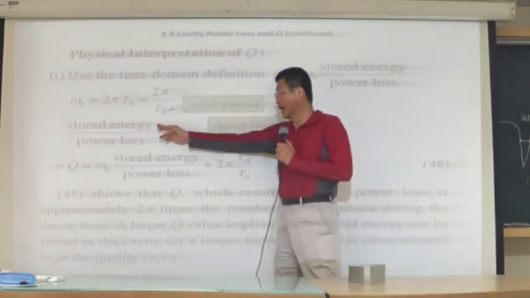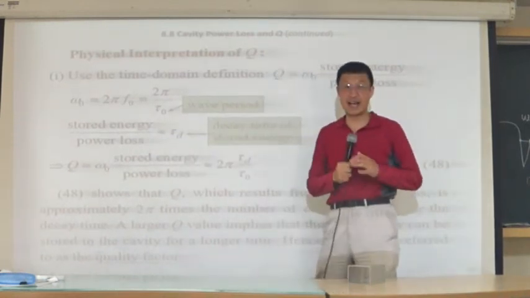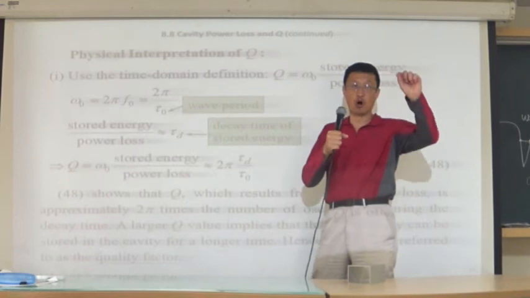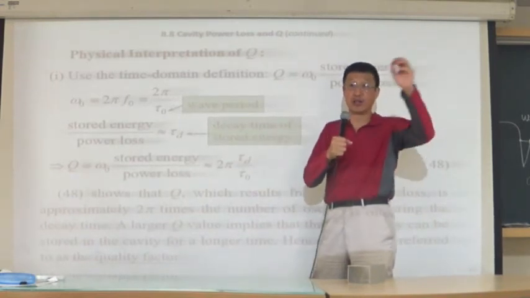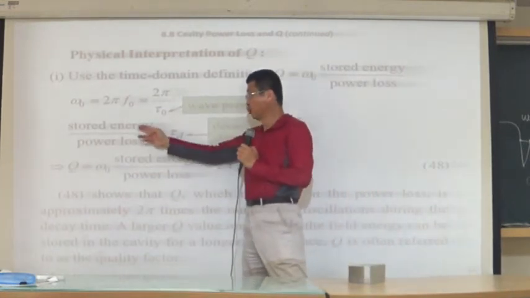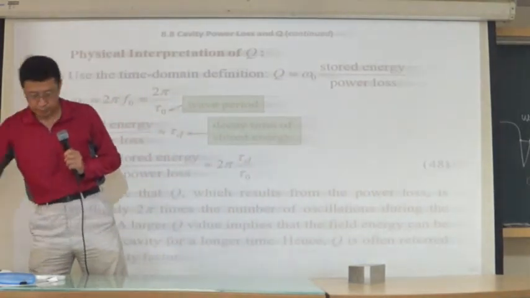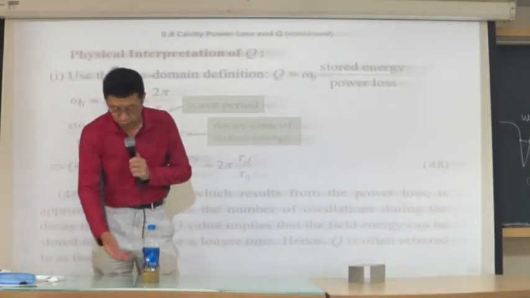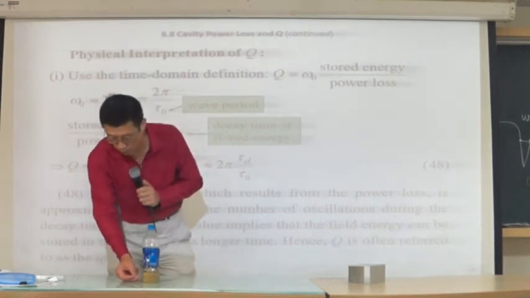So the stored energy is just like a reservoir, and you open a small hole, and the water will gradually leak, okay? And there is a leak time. Just like this bottle, we have less than 1 liter, and I open a small hole.